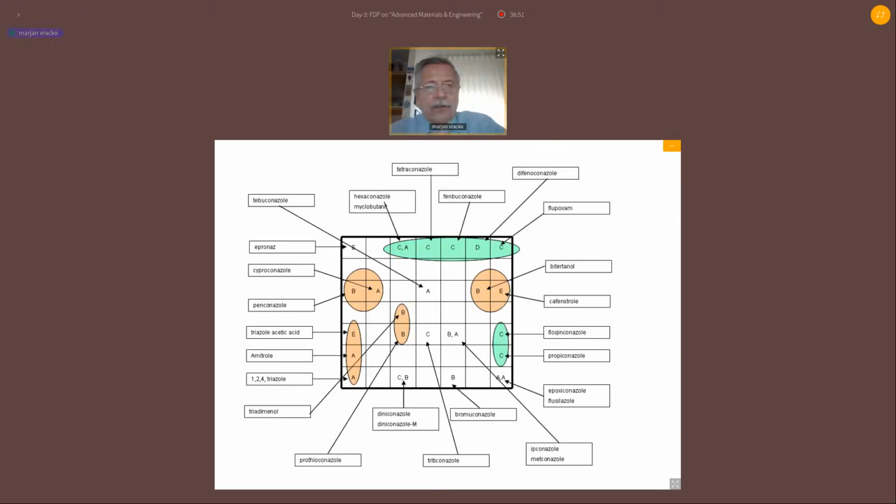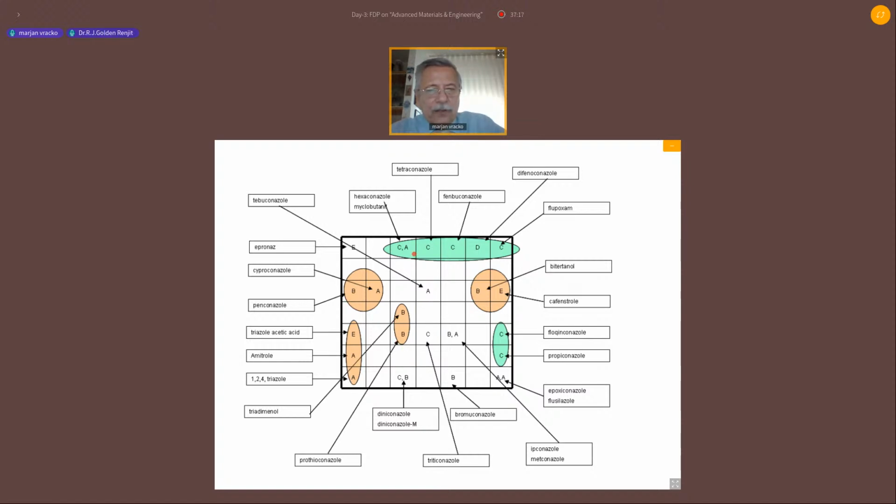So the same data can be analyzed with PCA, with self-organizing maps or Kohonen networks, and we got this classification scheme. A and B have quite a similar status of those compounds.